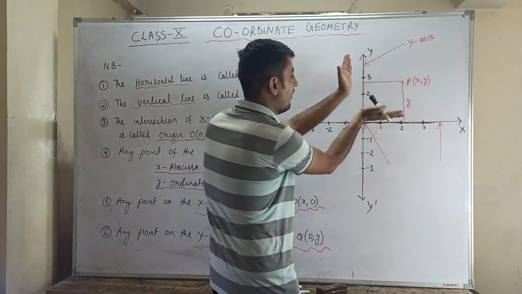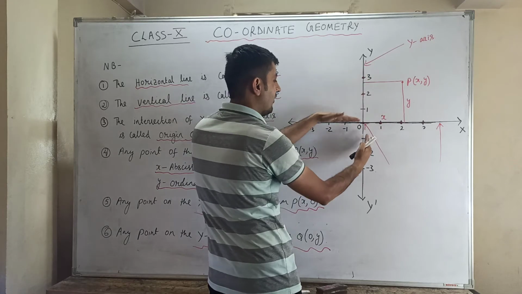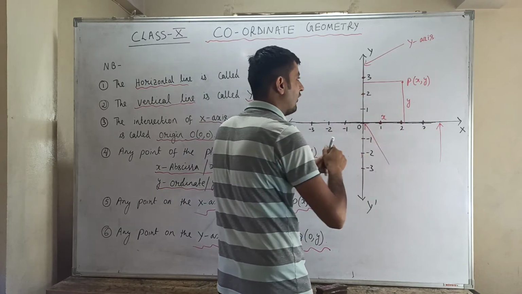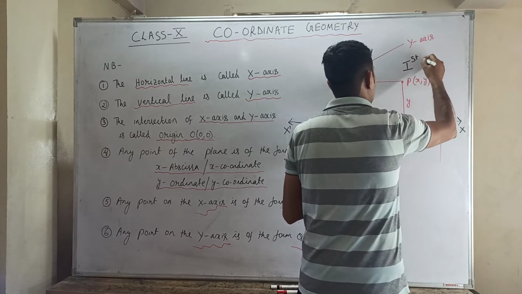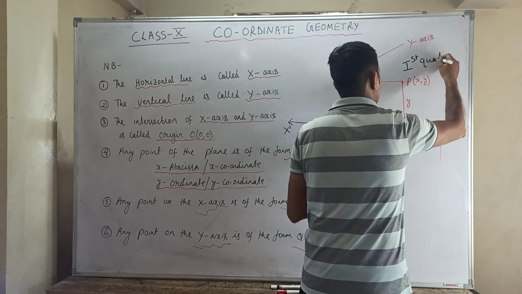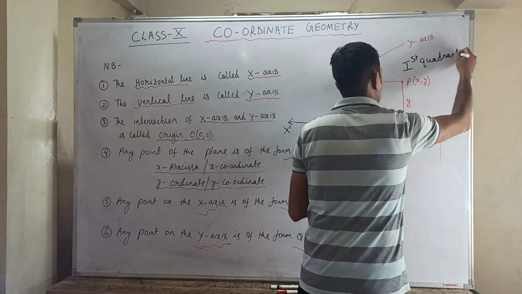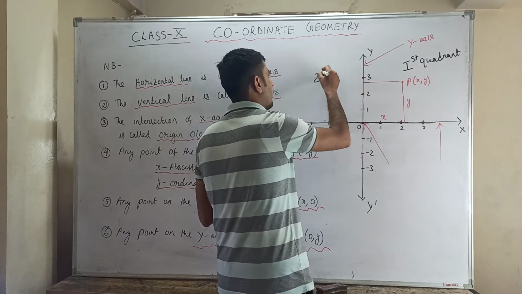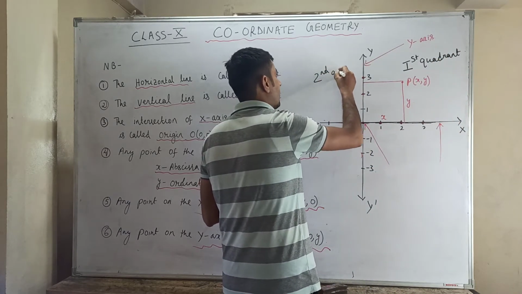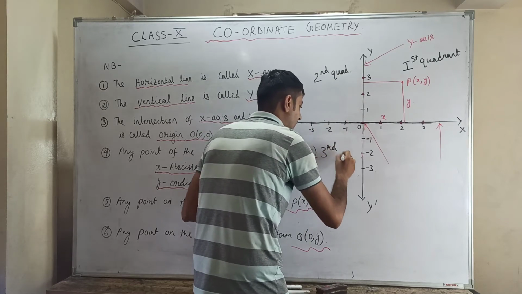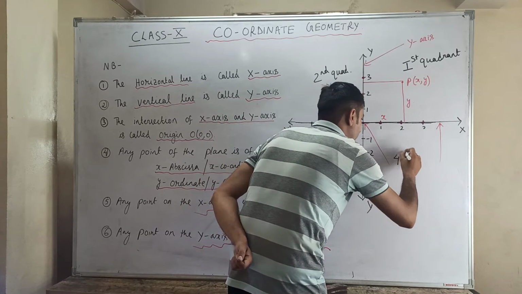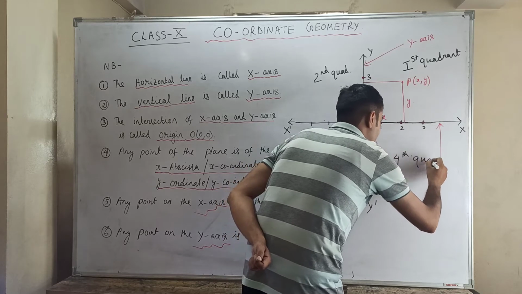This is one part, this is the second part, this is the third part, and this is the fourth part. This is called your first quadrant. This is called the second quadrant. This is called your third, and this is called your fourth quadrant.